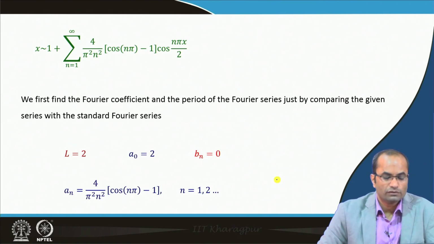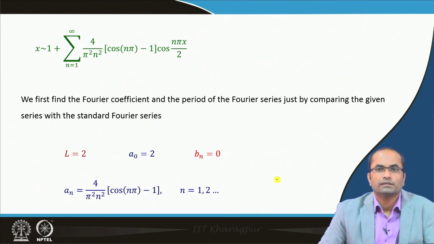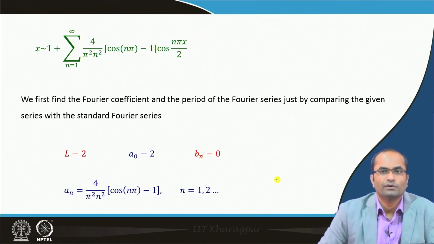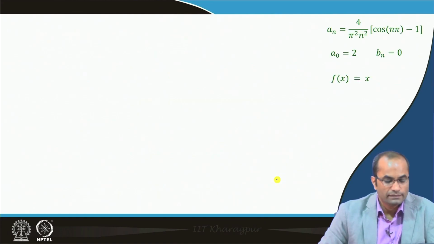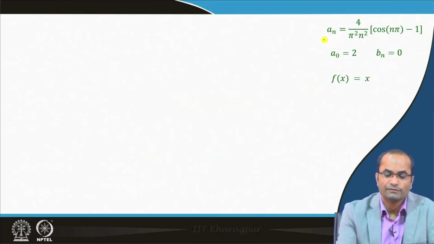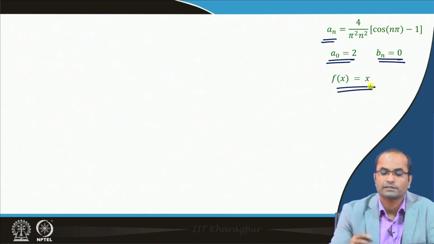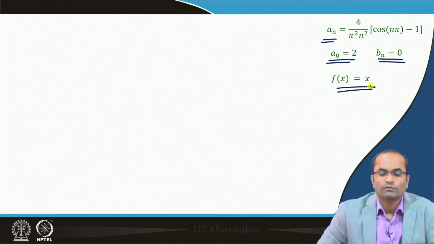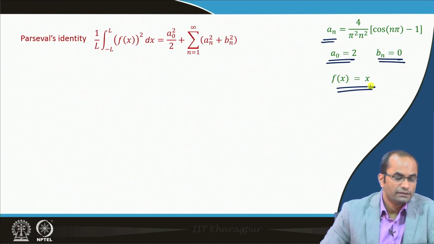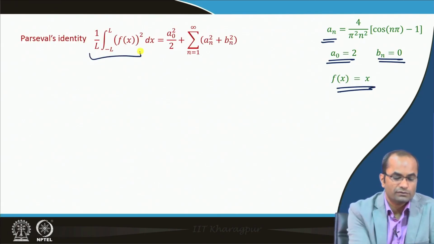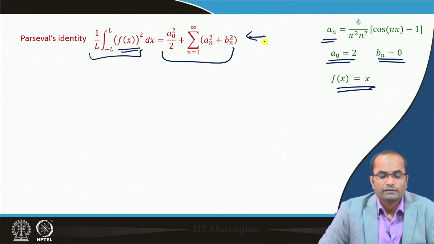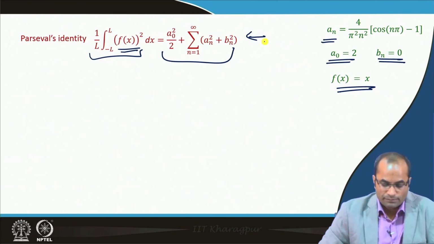So, having the knowledge of these coefficients, we can apply the direct result of Parseval's identity. We have the an, we have a naught, we have bn's, and we have f(x). This is all we need for writing Parseval's identity. Remember, this is Parseval's identity: 1 over L, integral from minus L to L of f(x) square dx, and on the right hand side these coefficients are summed up.